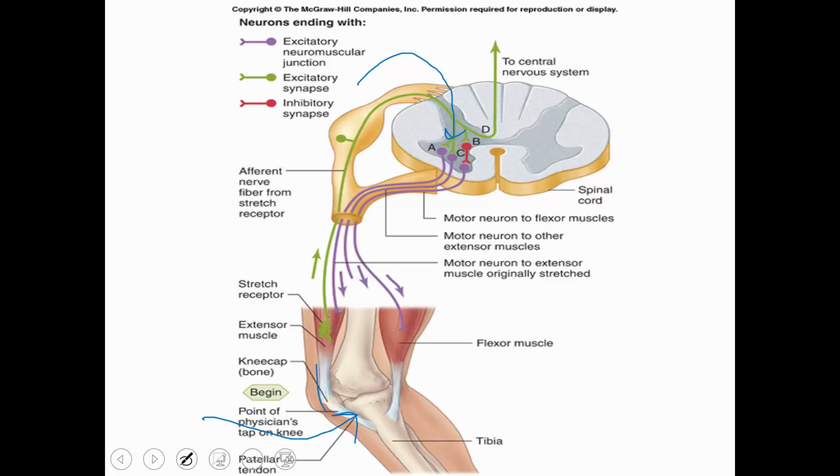Notice that this reflex only has one synapse in this area right here. You have a sensory neuron synapsing on a motor neuron to the very same muscle.